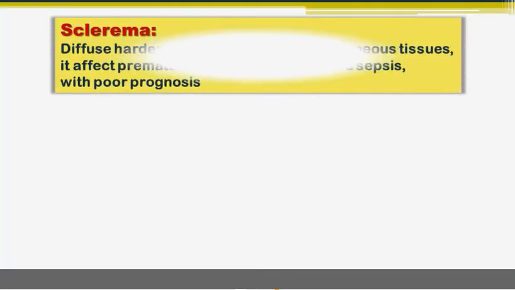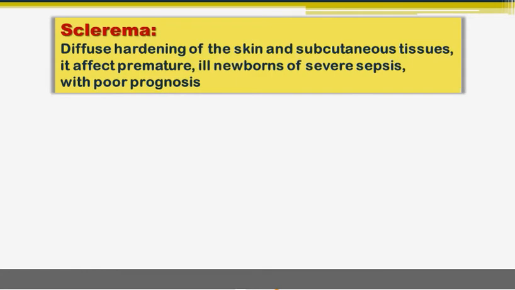I will show you what sclerema is because this is new to you. Sclerema is a diffuse hardening of the skin and subcutaneous tissues, and it affects the premature more than the term baby. It occurs in newborns with severe sepsis and poor prognosis.